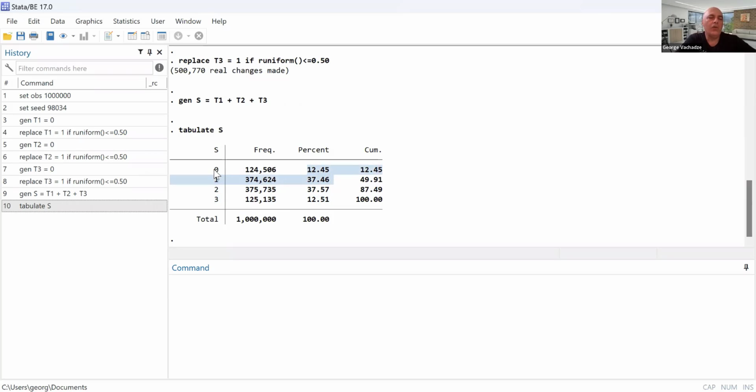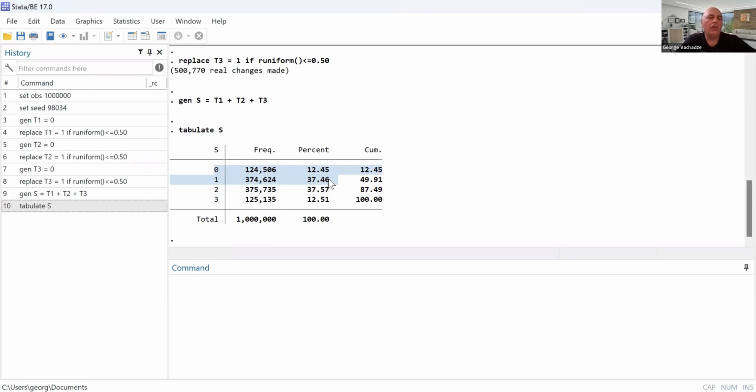Because S equals 0 and S equals 1 support event A, the probability of event A would be the sum of 12.45% and 30.47%.